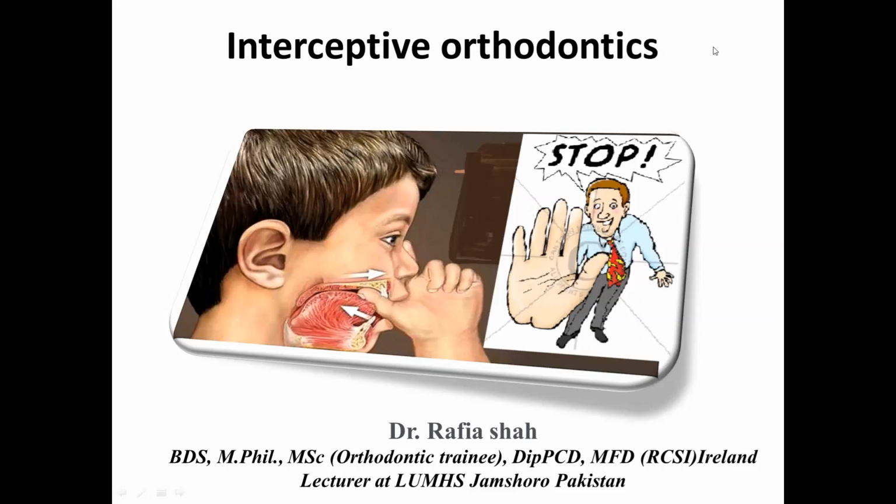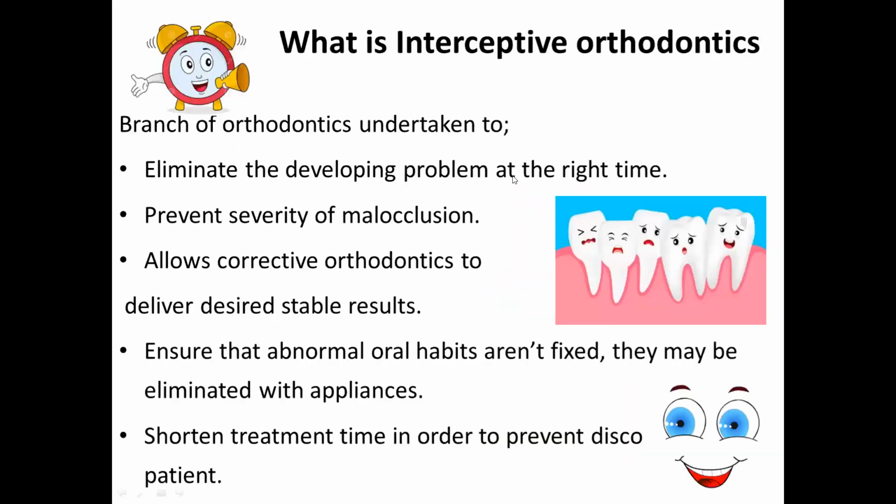We'll be discussing in detail what interceptive orthodontics is, where we do it, and how we do it. Before the definition, I should explain what interceptive orthodontics is, then we'll discuss all the ways of doing it.